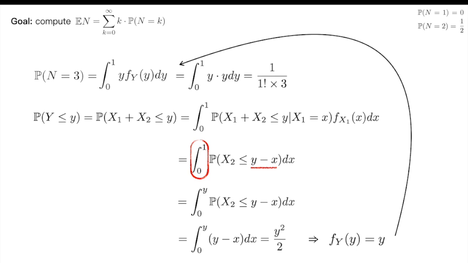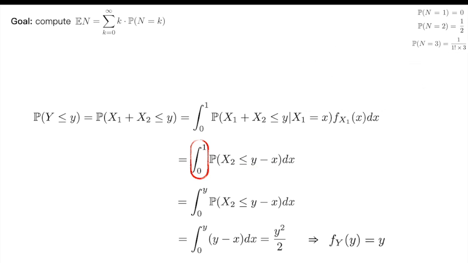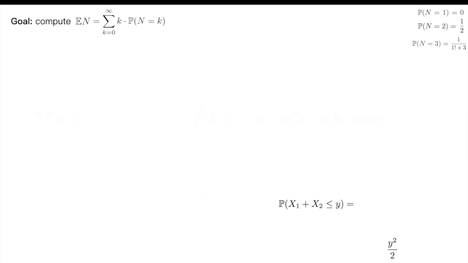After a little bit of computation, we find this number equals the reciprocal of 1 factorial times 3. You might be confused why I am using this factorial here. It looks silly, it's just 1, but we will see the reason later. Okay, let's leave this term in the corner, we will use it later. We also leave this other term in the other corner because we are going to use it later as well.